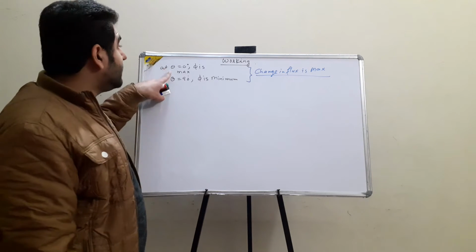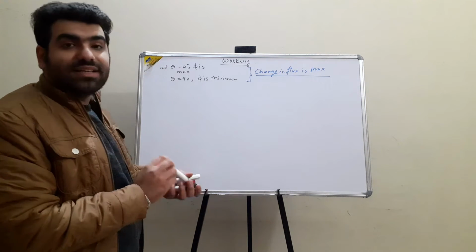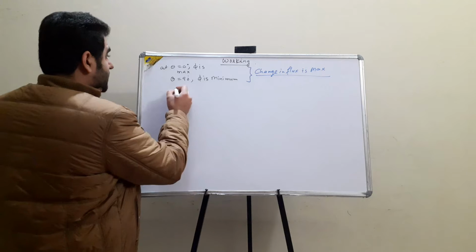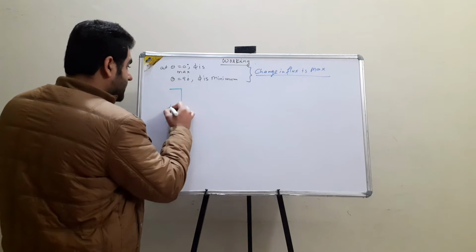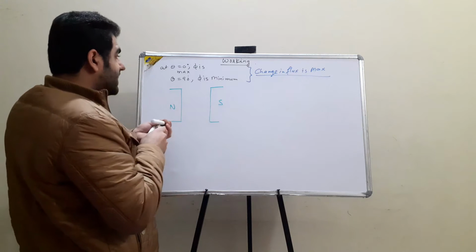So we are not making the diagram for theta equals 0, that we have already made. So now we are starting with theta as 90 degrees. This is the north pole, this is the south pole, this is the armature.